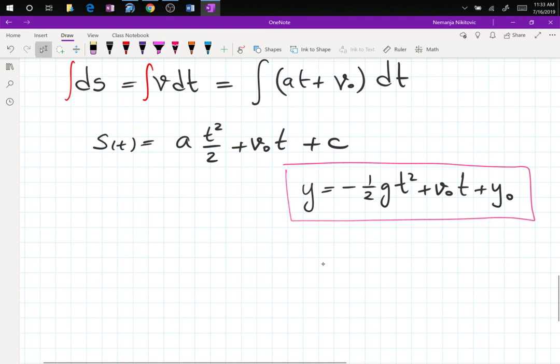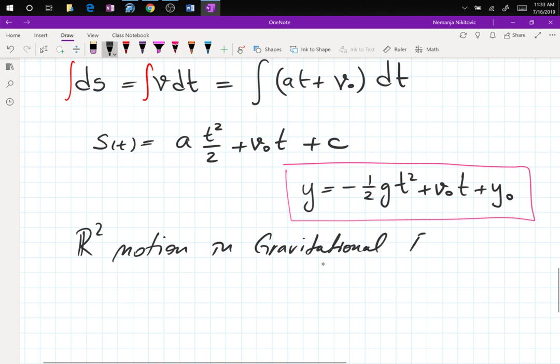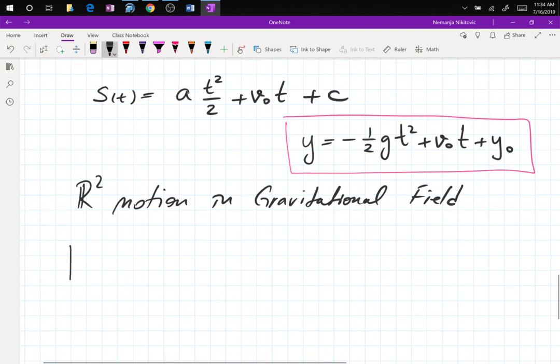So, summary, this is page 888. For the summary of the two-dimensional motion in a gravitational field, so R2 motion in a gravitational field, consider an object moving in a plane with a horizontal x-axis and a vertical y-axis, subject to the force of gravity.